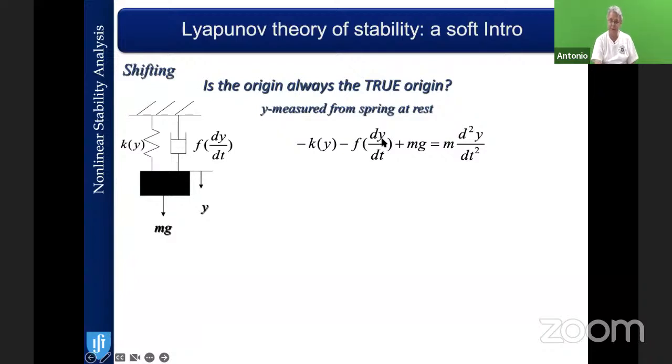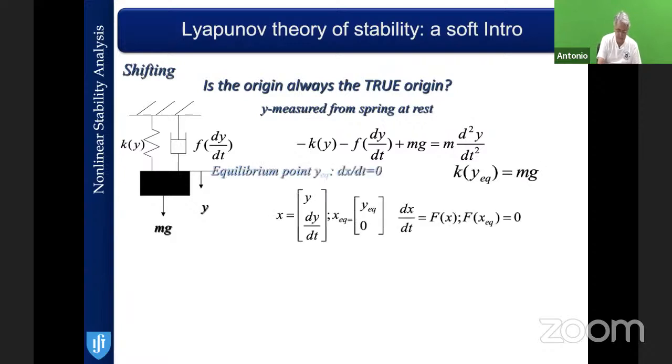I'm not assuming a linear model. All that I'm saying is that this is a function of the derivative. At zero, it is zero, and it goes through the first and third quadrants. And the same for the spring. The spring is not a linear spring. It's not an elastic spring. So it could be a function of y, but it goes through the origin, and it's in the first and third quadrant. So that's the model.